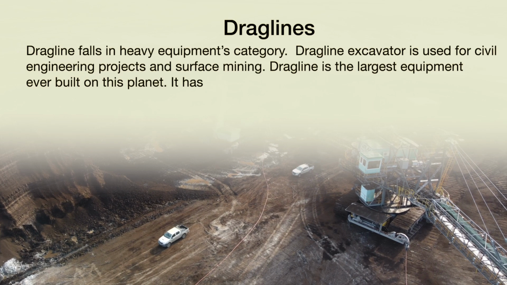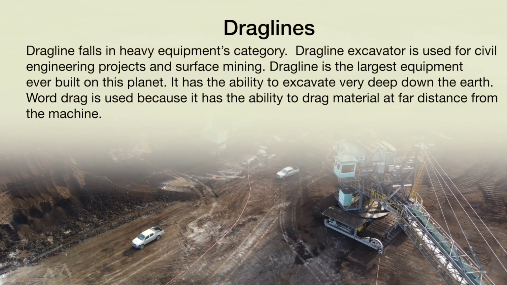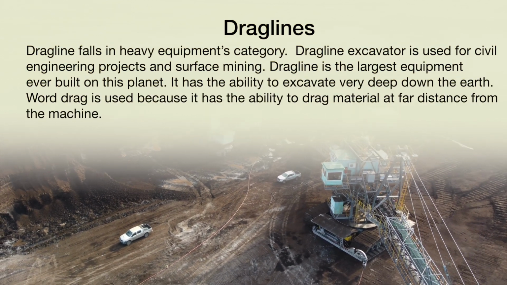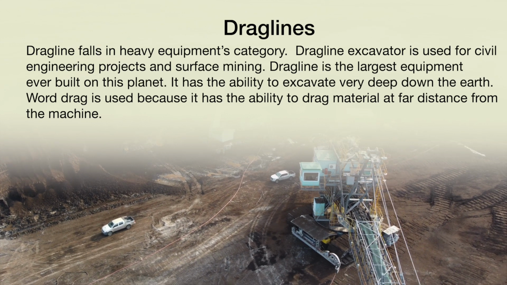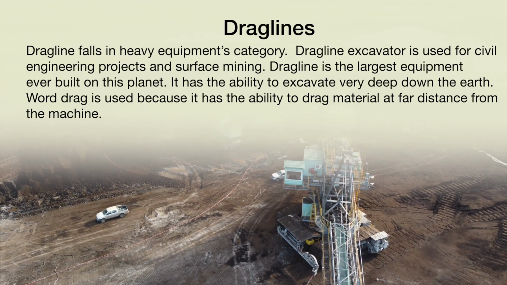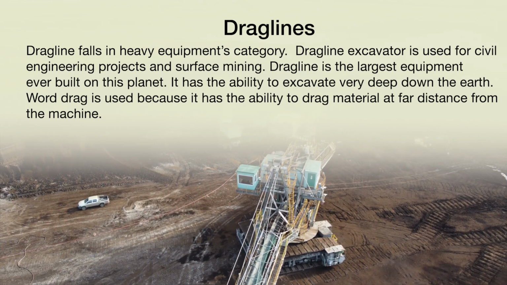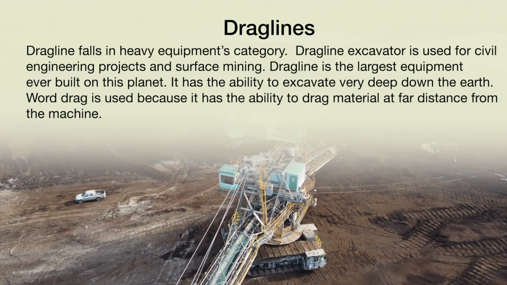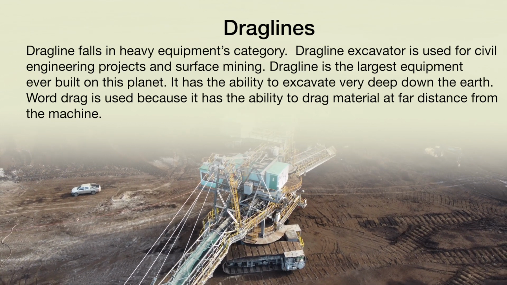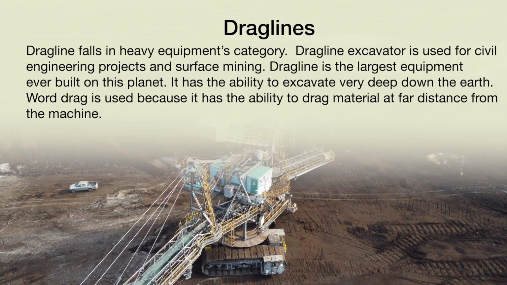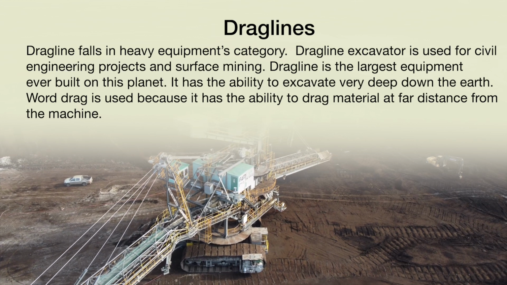Dragline. Dragline falls in the heavy equipment category. Dragline excavator is used for civil engineering projects and surface mining. Dragline is the largest equipment ever built on this planet. It has the ability to excavate very deep down in the earth.